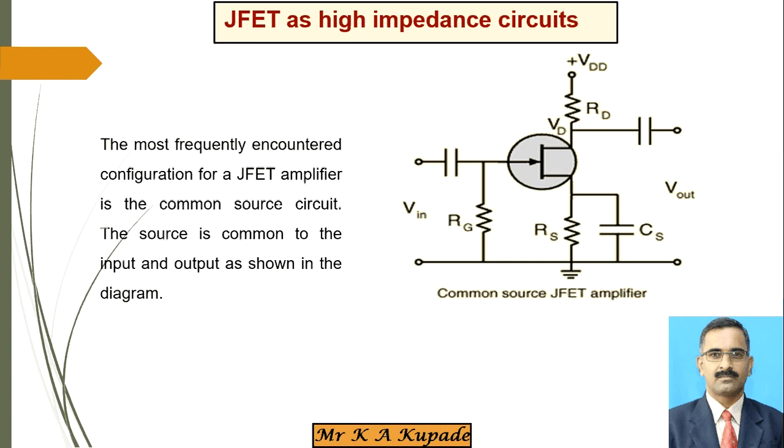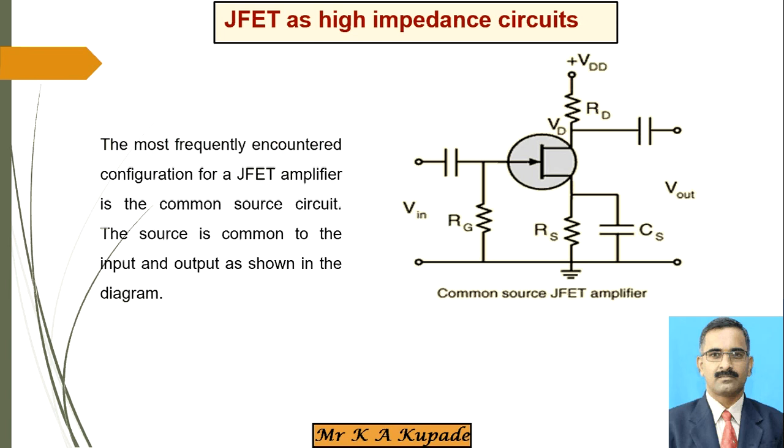Whenever Vin is not there, due to the DC current, this gate to source junction is made reverse bias, right? And this reverse bias controls the ID current flowing through the drain terminal towards the source terminal.